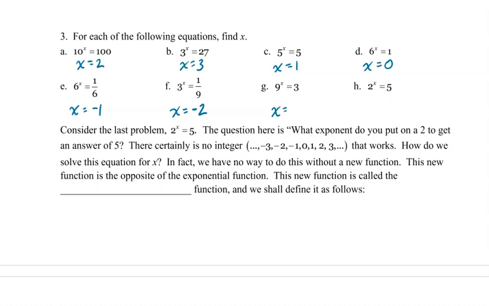So instead, what do we know about a relationship between 9 and 3? Well, we know that the square root of 9 is 3. And remember, square root is really an exponent. You can write that as 9 to the 1/2 power equals 3. So that's going to be our answer. It's going to be 1/2, because that's square root.